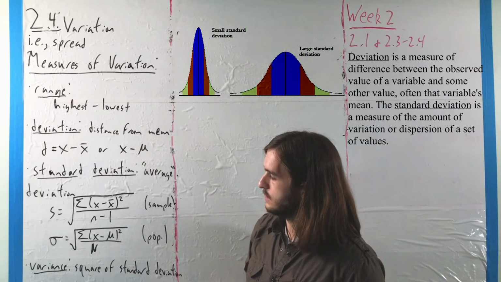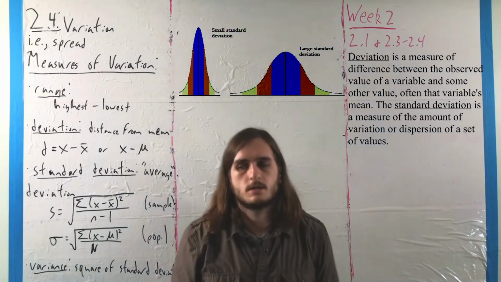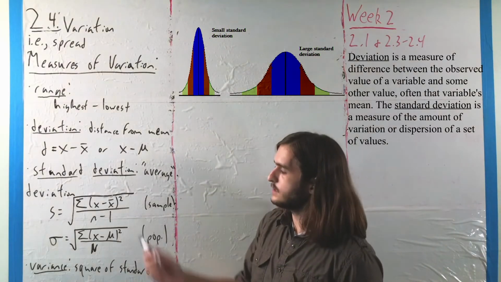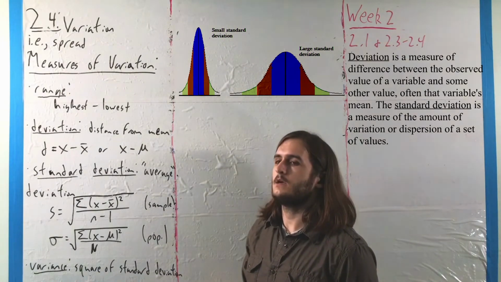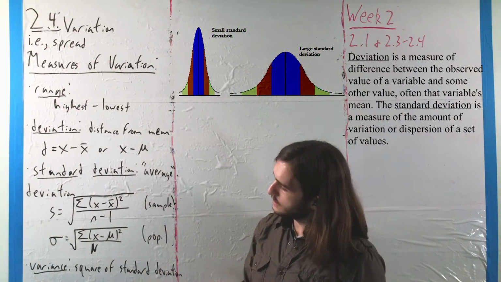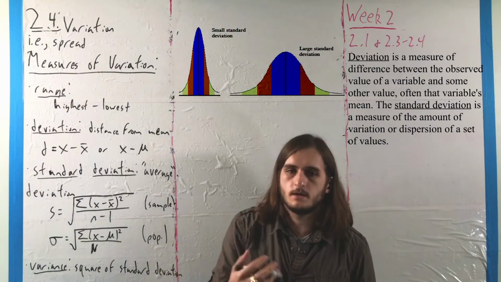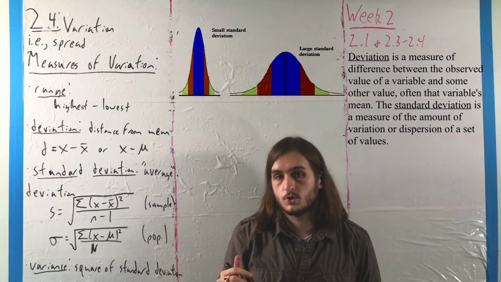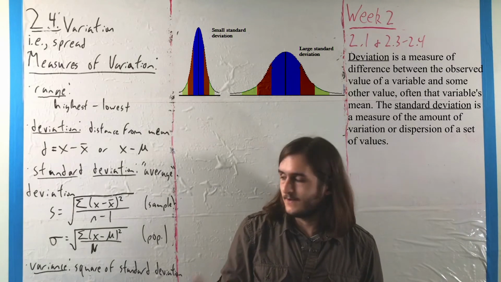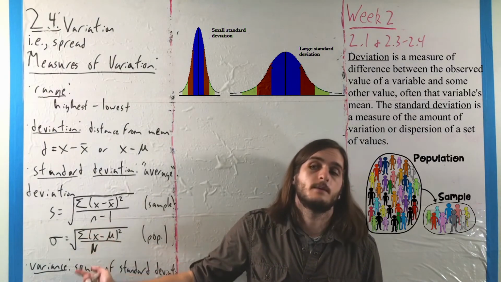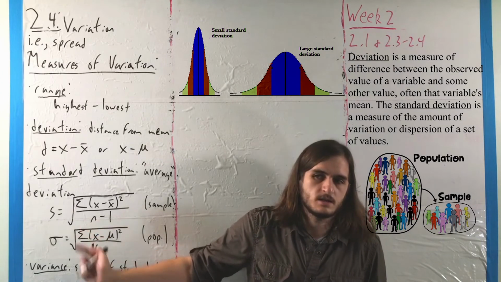And there is, at least to me, a somewhat intuitive reason for why s has a different formula than sigma, and it's because when we're talking about a sample versus a population, we should always leave the door open for a little bit of extra variability. We're not getting all of the information in the population, we're just taking some of it.